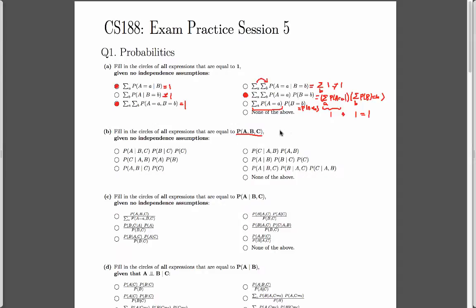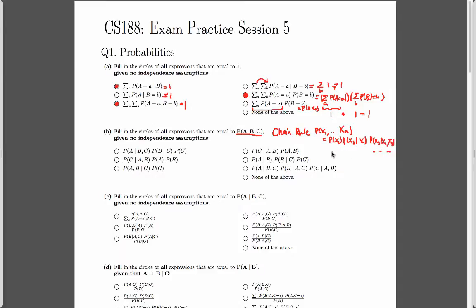What the chain rule says is that for any joint distribution over n variables, this is going to be equal to the probability of one of them, times the probability of a second variable conditioned on that first, times the probability of the third variable conditioned on the first and the second, and so on and so forth.